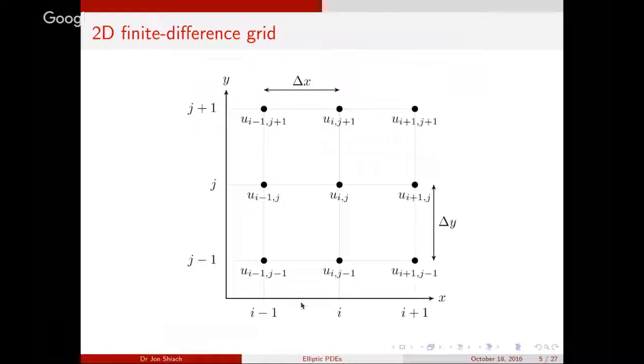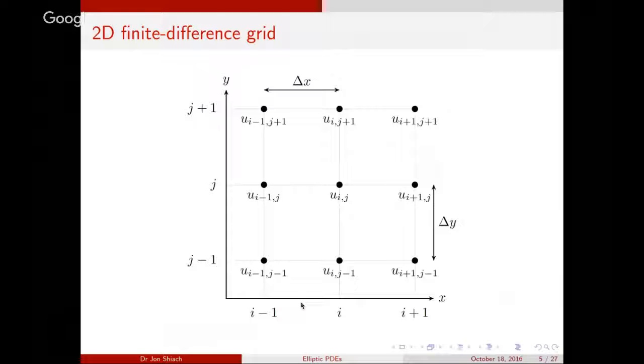I mentioned i and j. This is something where it's quite easy to get a bit confused. Last week I looked at the idea of subscript notation. Rather than saying x plus delta x or x plus 2 delta x all the time, we used i. So i plus 1 is one step to the right, i minus 1 is one step to the left. If we extend this idea to 2 dimensions, I'm introducing that second index j.